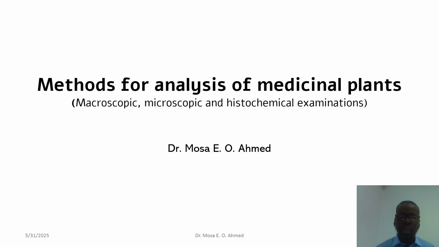This lecture deals with the use of various physical and chemical methods to assess or to determine the identity of medicinal plant and determine the presence of important class of secondary metabolites which are important for their therapeutic uses.